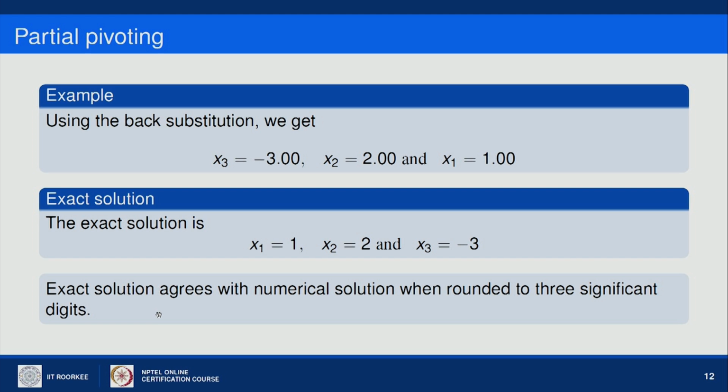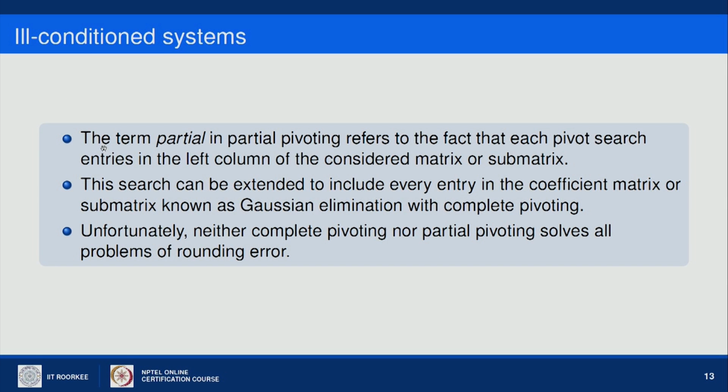So, this is the modification in Gaussian elimination, and this particular method is called the Gaussian elimination method with partial pivoting. Here the term partial in partial pivoting refers to the fact that we have chosen the biggest absolute entry in the first column in the first pass.